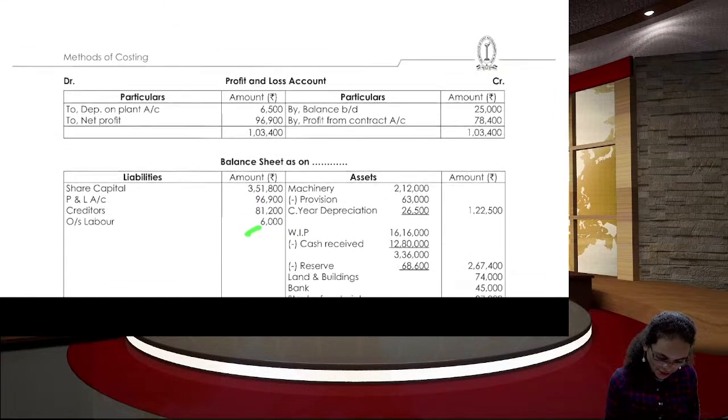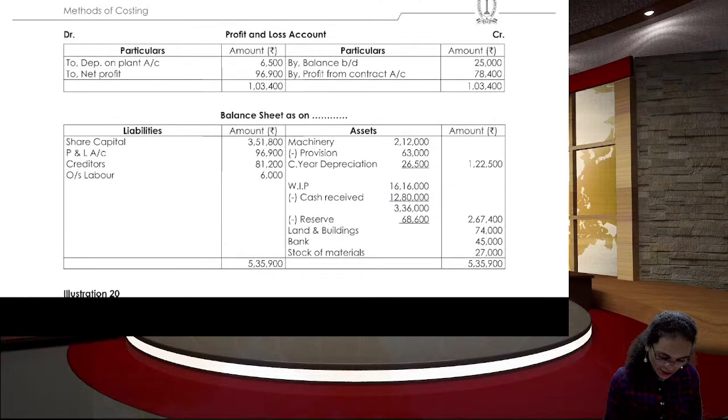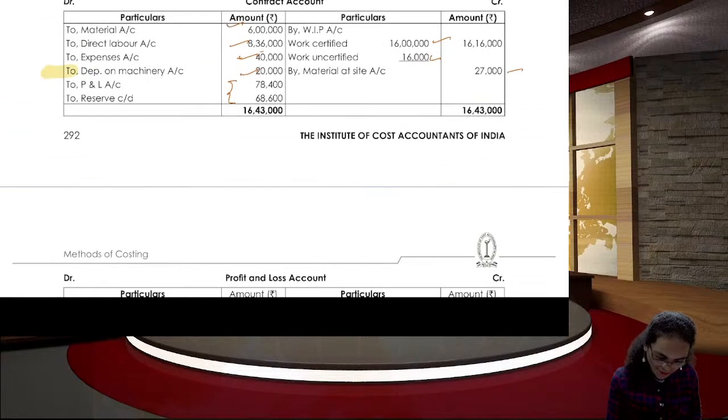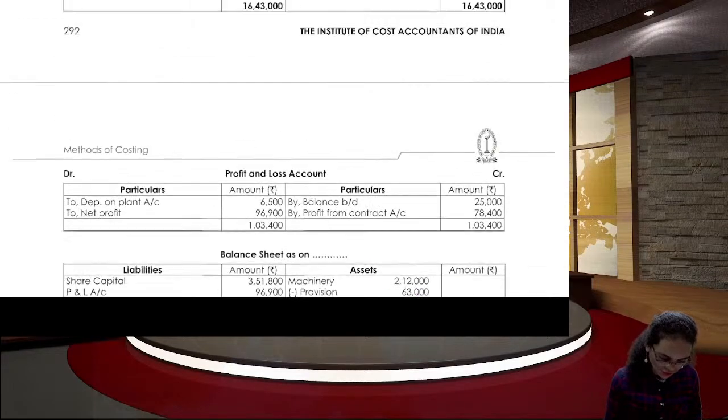Next, the machinery information. You check this one. I told you, what is the machinery we have, what is the provision we kept, and what is the depreciation we have taken. The difference is this one. Next, work in progress. What is the work in progress we have? This is the work in progress we have. The cash received is how much? 12,80,000.